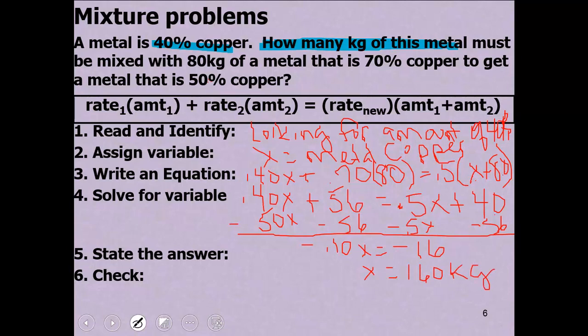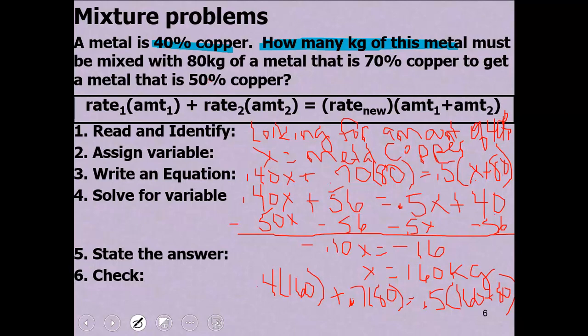And that's of the 40% copper, all right? And then we just check it. We have to make sure that 0.4 times 160 plus 0.7 times 80 has to equal 0.5 times 160 plus 80.